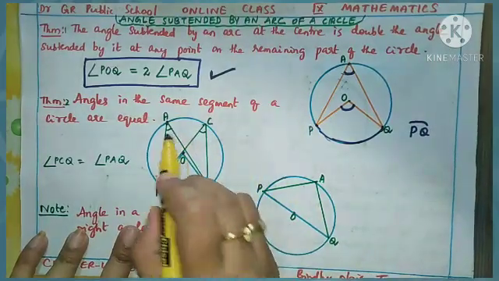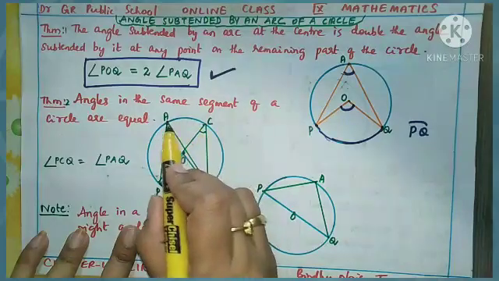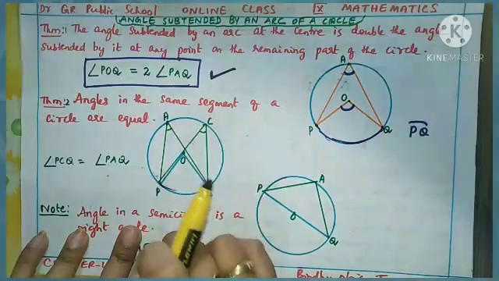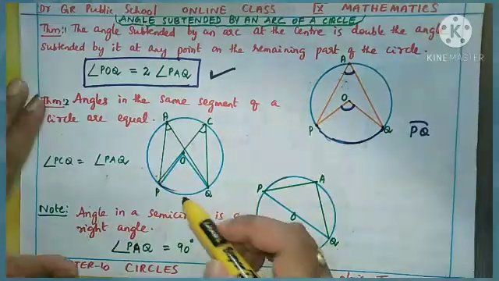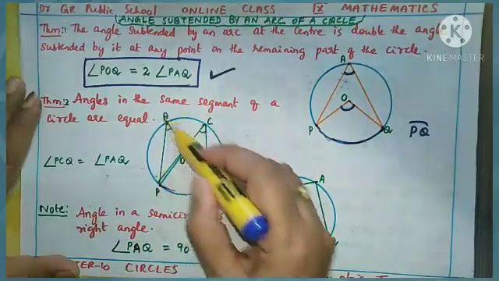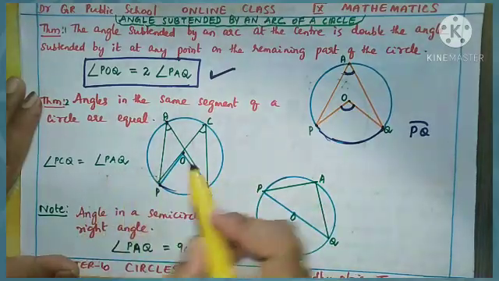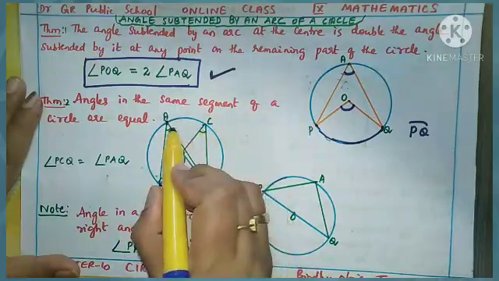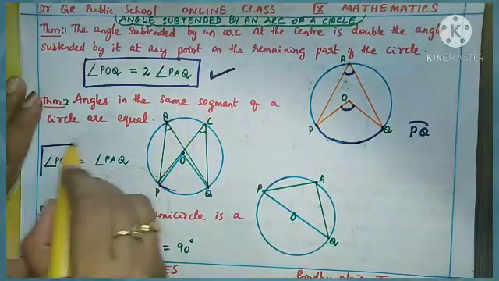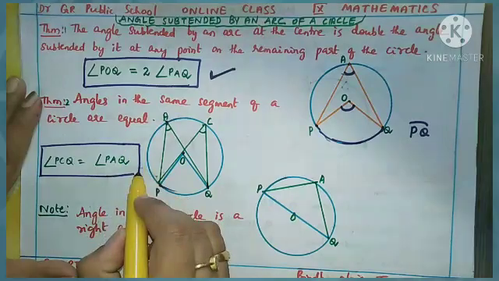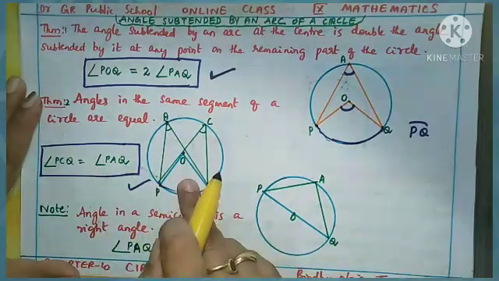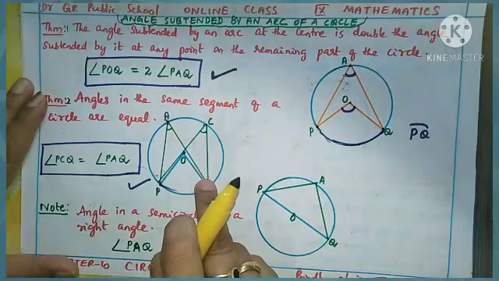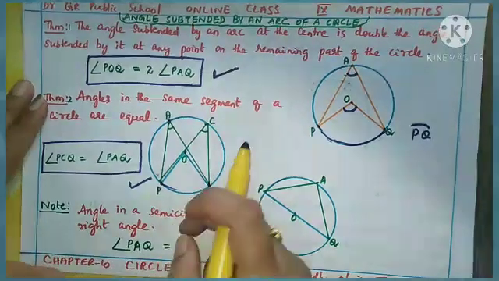Since A and C are on the same segment, these 2 angles are always equal. That is, PAQ is equal to PCQ. These 2 angles are always equal because they come on the same segment of the circle. So this is the second theorem. You also want to keep this in memory so that we can apply it in problems.